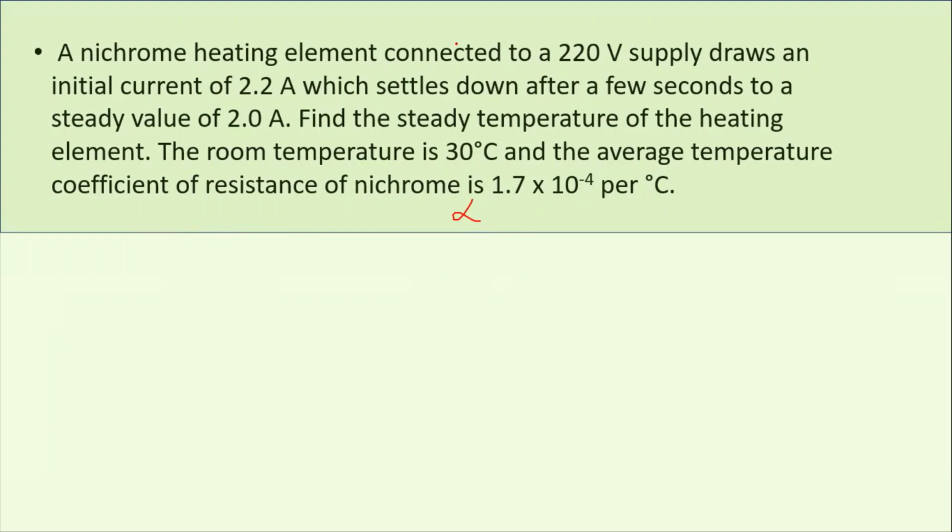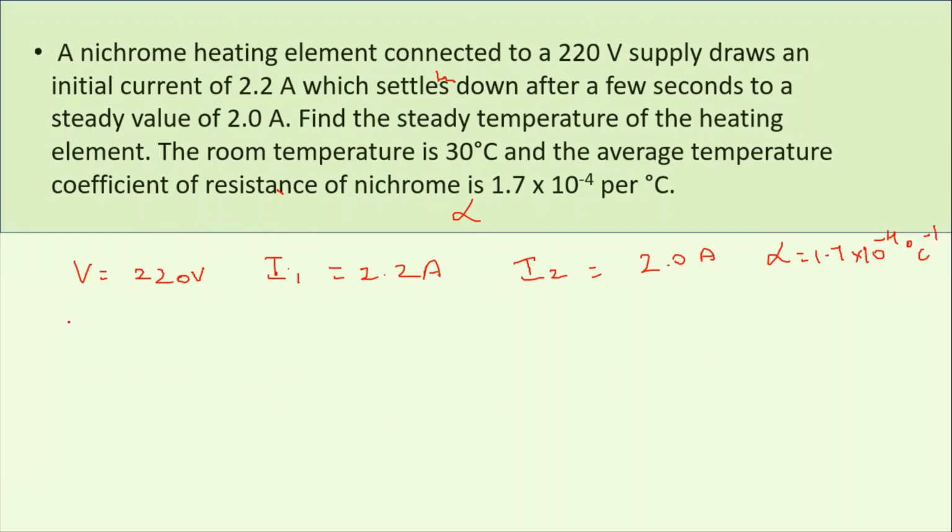So given, V is equal to 220 volts. Then you have the initial current I1, I am taking it as 2.2 amps. Then I2, the steady current, is 2.0 amps. Alpha is 1.7 into 10 power minus 4 per degree Celsius.